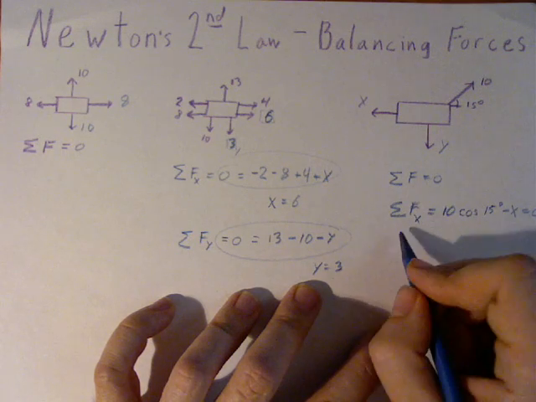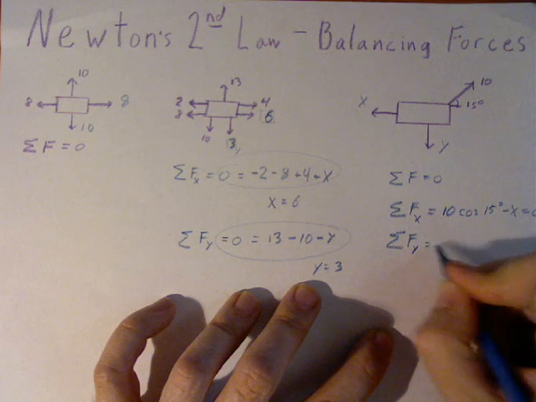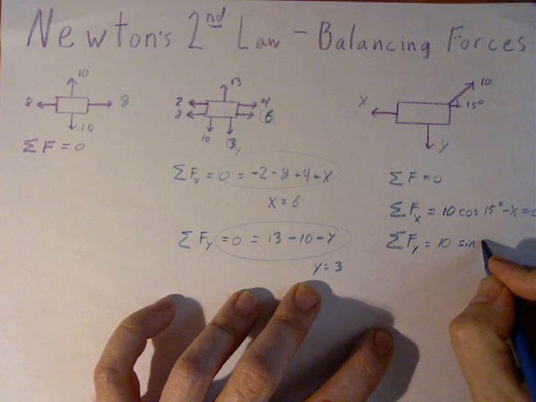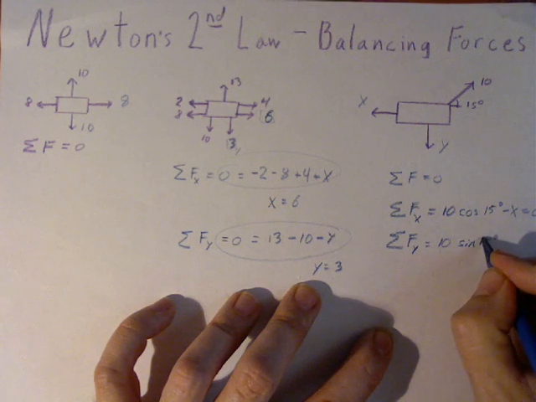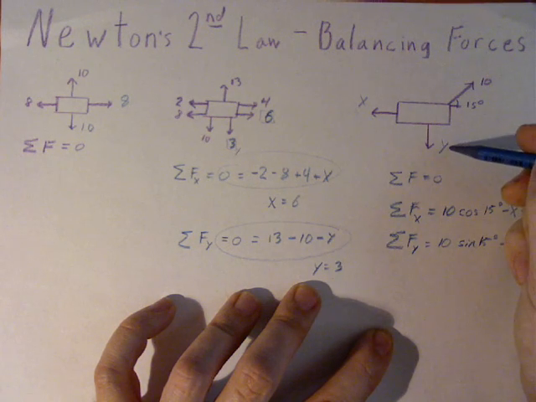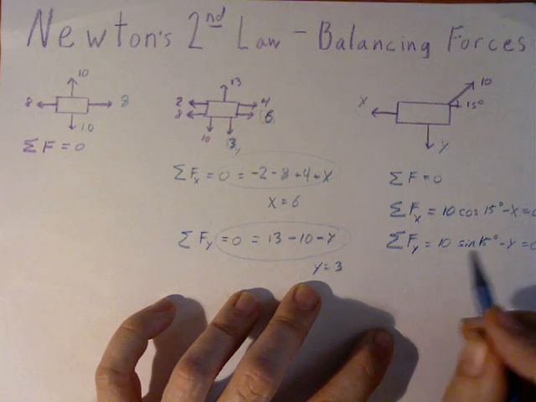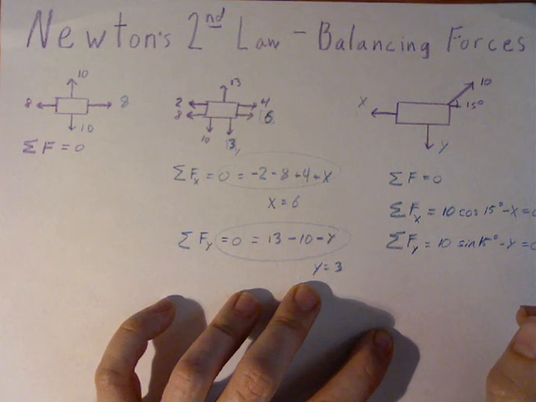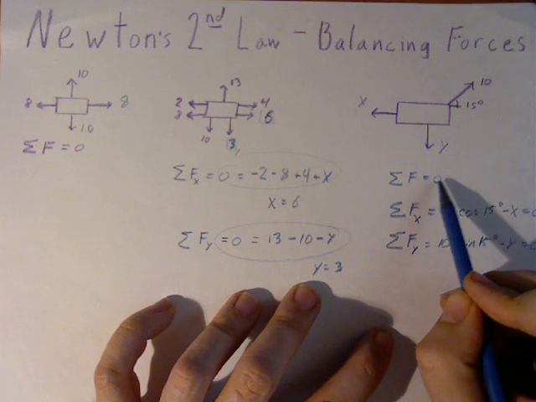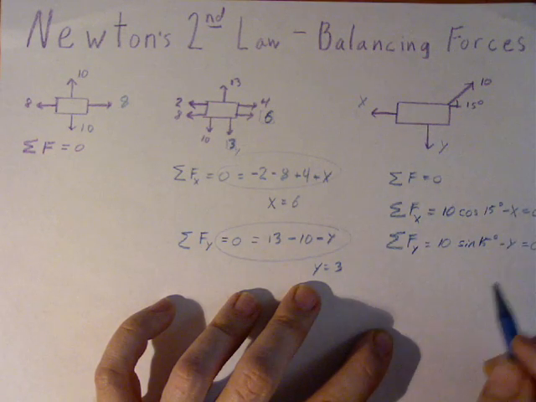And for y, I can write summation of forces in y equals 10 sine 15 degrees minus y, because y is in the negative direction, equals 0. We can also do this almost as simply if we have the summation of our forces equals mass times acceleration, but that's not in this problem.